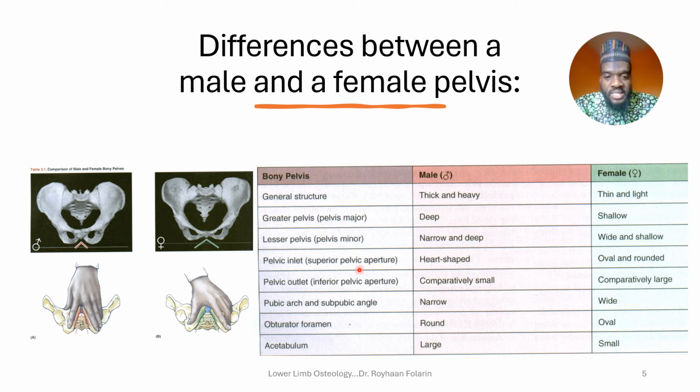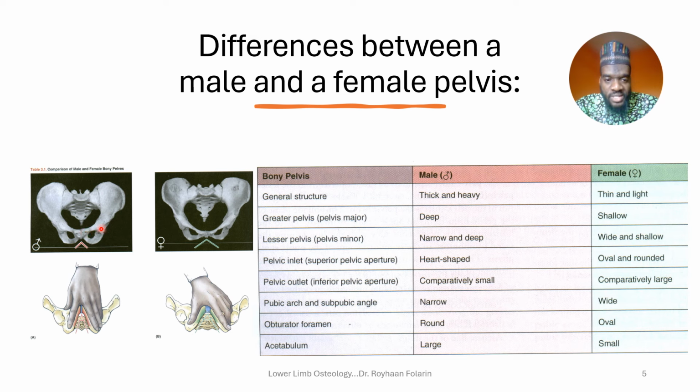The pelvic inlet, which is the superior pelvic aperture, where you have the ring, is heart-shaped in males, while in females it's usually more rounded and oval in shape. In males, it has this heart shape that is aided by the sacral promontory.